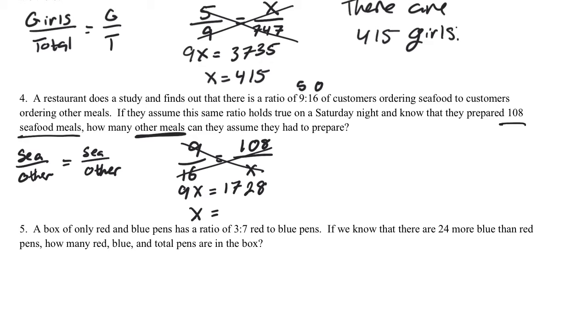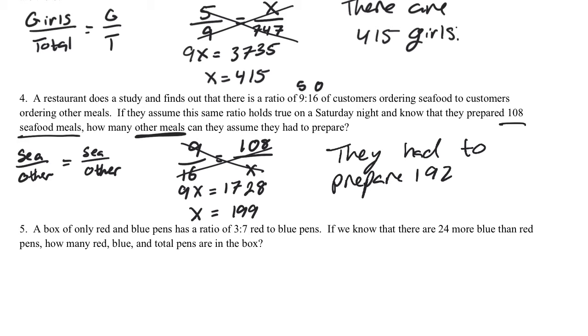Divide by 9, and we get X equals 192. So they had to prepare 192 other meals. And I just realized I wrote 198, so let's fix that. There we go, 192.